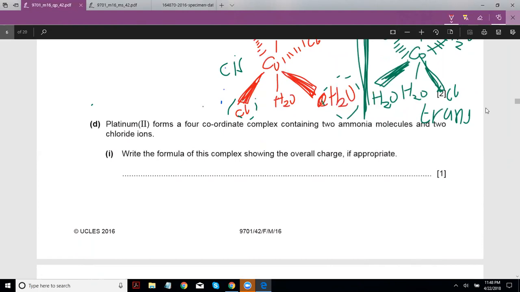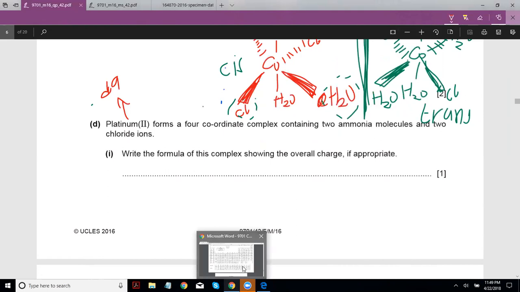Before we do that, generally the idea is that those transition metal ions that have d9, like platinum, there's also palladium, and nickel. Is it nickel? We can check from the data book.